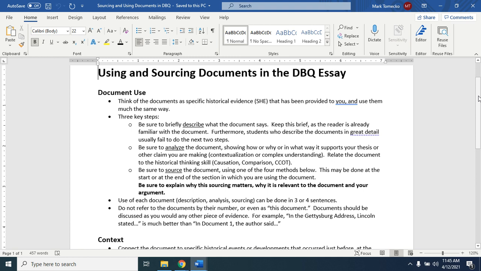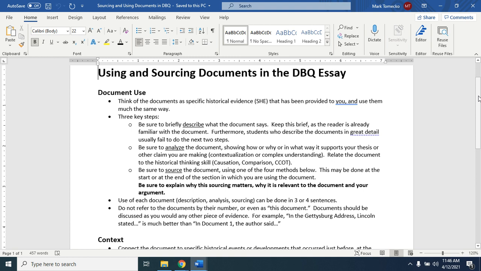Also, I don't have it on this handout, but do not quote the documents. I always say if you quote a short phrase, just a few words, because it's so important to what the document is saying, that's acceptable, but that should really only happen maybe once in the entire essay. You don't want to get in the habit of quoting because, first of all, it's a waste of time.